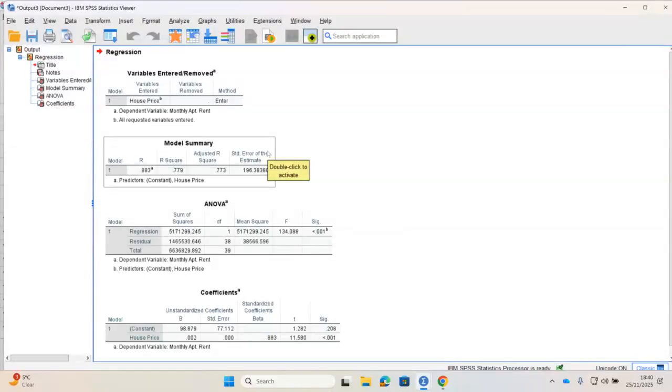Okay, write down how to find R and R square now. First, how to find R and R square.